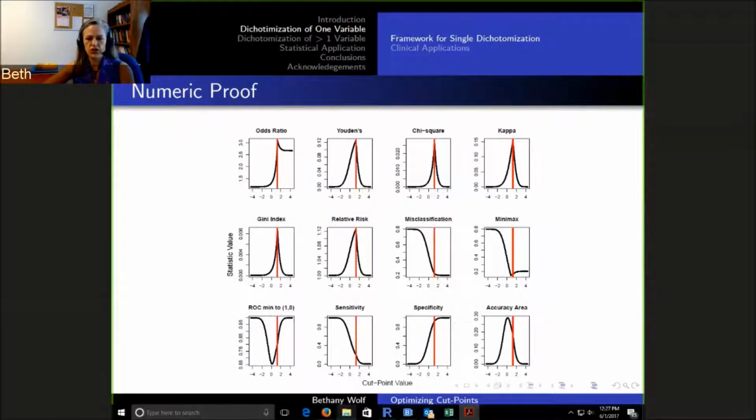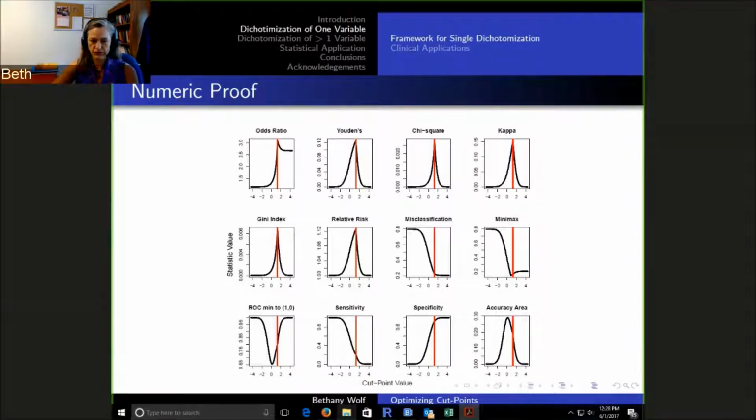So we can also show this numerically. In these data, we generated some data where there was a relationship between a continuous variable x and a dichotomous variable y, and we looked at the statistic as we varied the choice of thresholds. The red line in the plots is showing where the true threshold should be, and the black line is showing the distribution of the statistic as I vary the threshold.